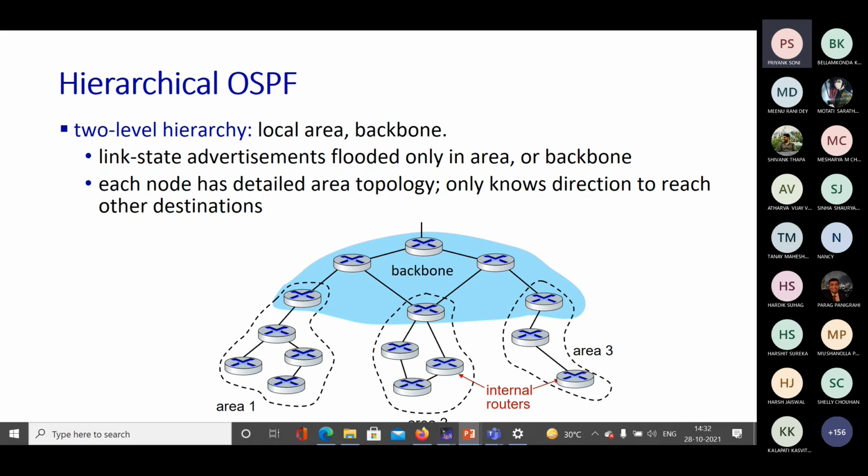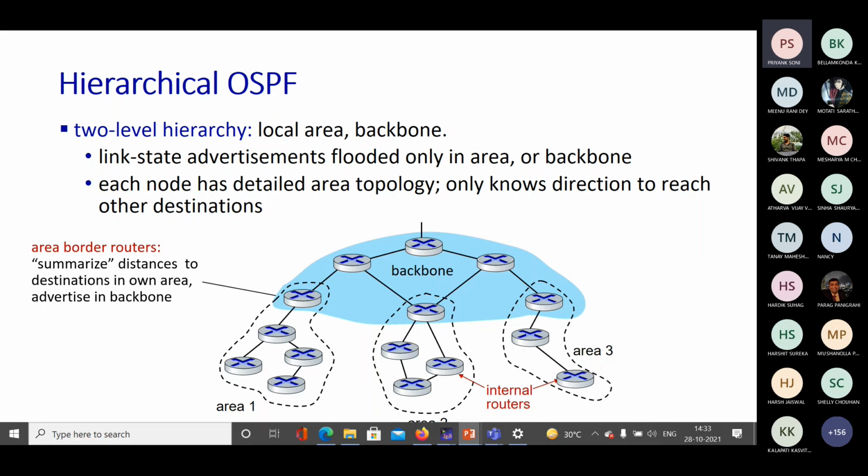The only thing that is needed extra is that each node, being a router here, has to know the direction to reach the other destinations. You just need to know that in order to reach area 2, what should be the direction in which the datagram should be moved. So only this additional information is needed in this case.